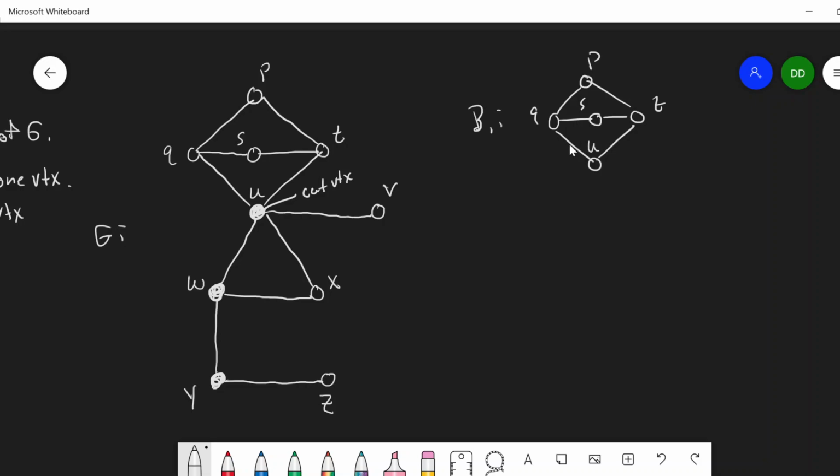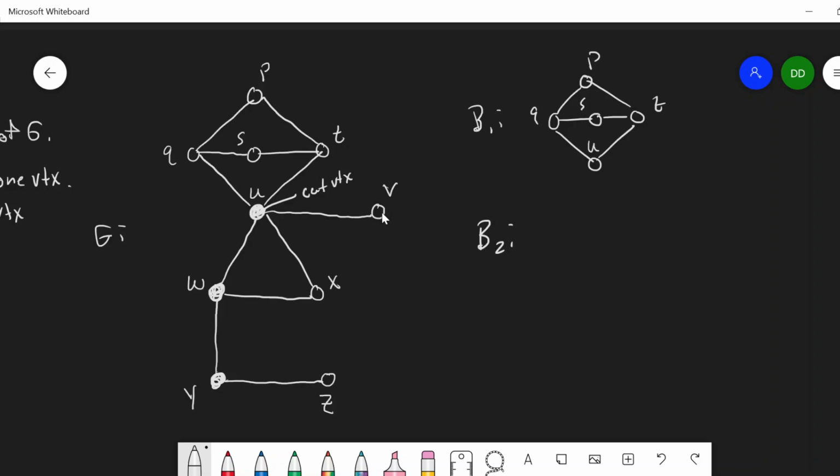So let's identify another block of this graph. Notice I can think about removing one of my cut vertices and seeing what's left over. This graph here would have been left over if I removed U. And then if I include U, I get a block. Same sort of thing here: if I remove U, I also would just have the vertex V as a component.